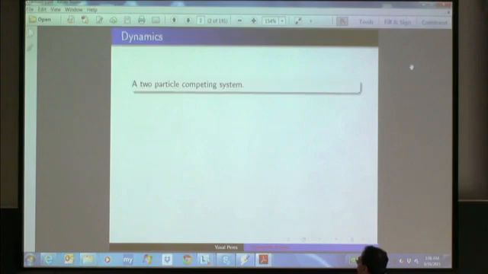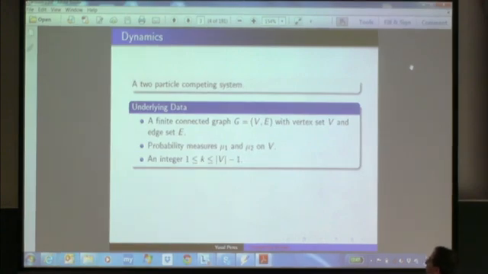So what is the model? It's a two-type competing system. It takes place on a finite graph with two marked sources, or more generally, two source measures.